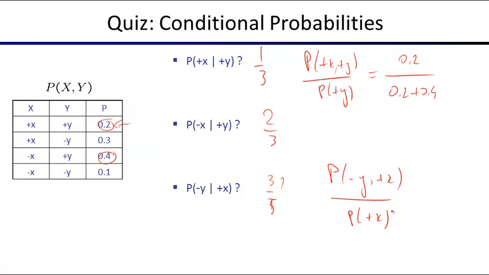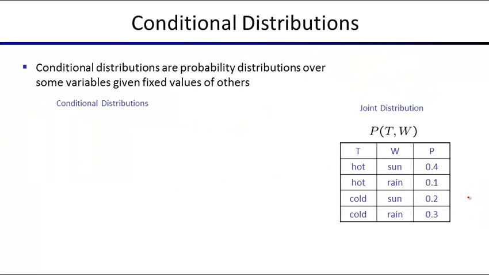Let's look at plus x. We have these two here, 0.2 plus 0.5. And for the minus y, we have the 0.3 here. And 0.3 up here, so 3/5. Great. That's nice. So we found all these solutions pretty well.